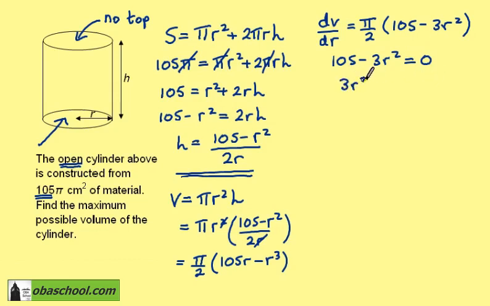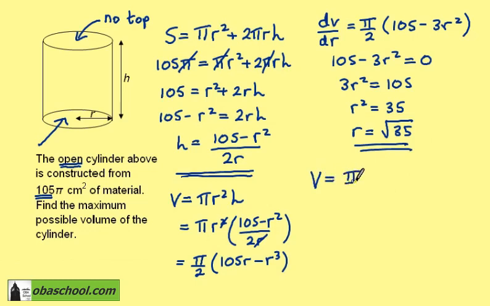This gives us that 3r squared must be equal to 105, so r squared is 35, and r must be equal to the square root of 35. To find the maximum value of the volume, we substitute this into the expression for the volume.